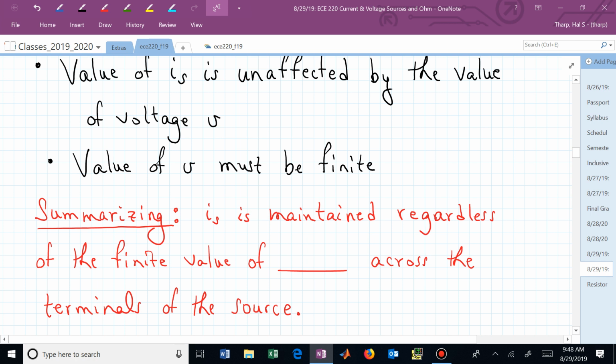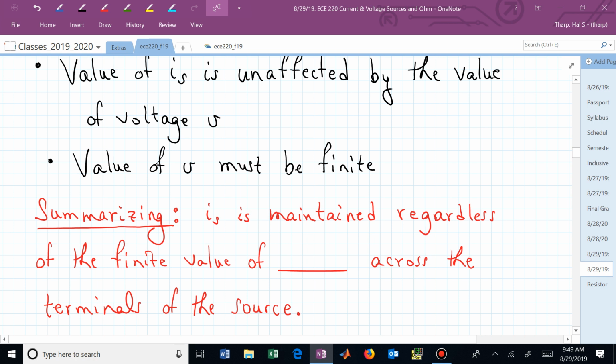what are some key words around this? Across. What's an across variable? An across variable is a voltage. We measure a voltage across a resistor. What's a through variable? That's the current. Here, what's cluing in to what should be in the blank is a finite value of something that's across the terminals of the source. What's across two terminals is a voltage. A current is not across two terminals.